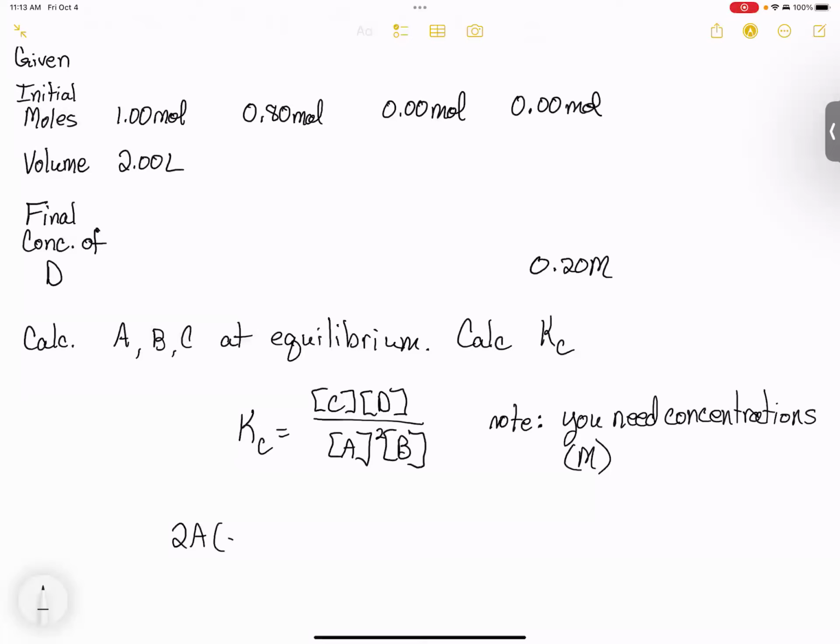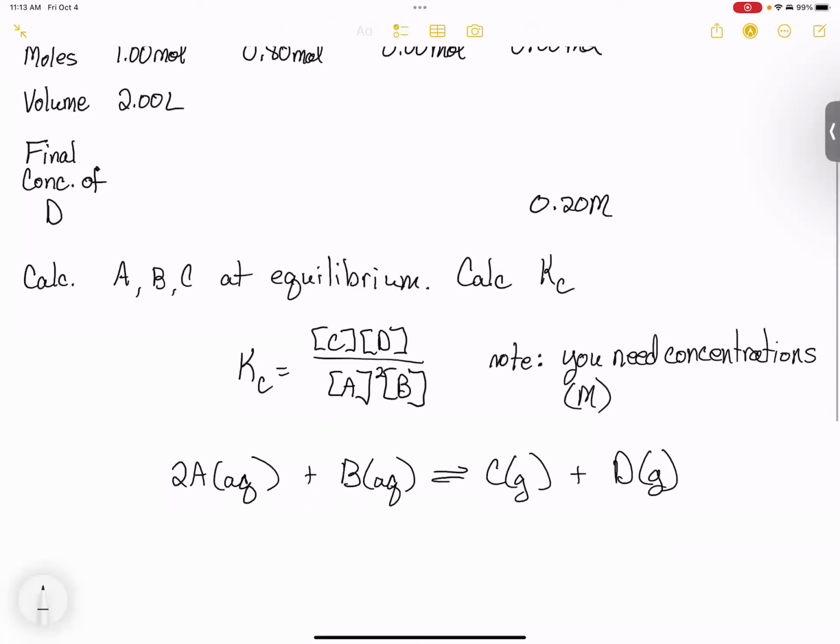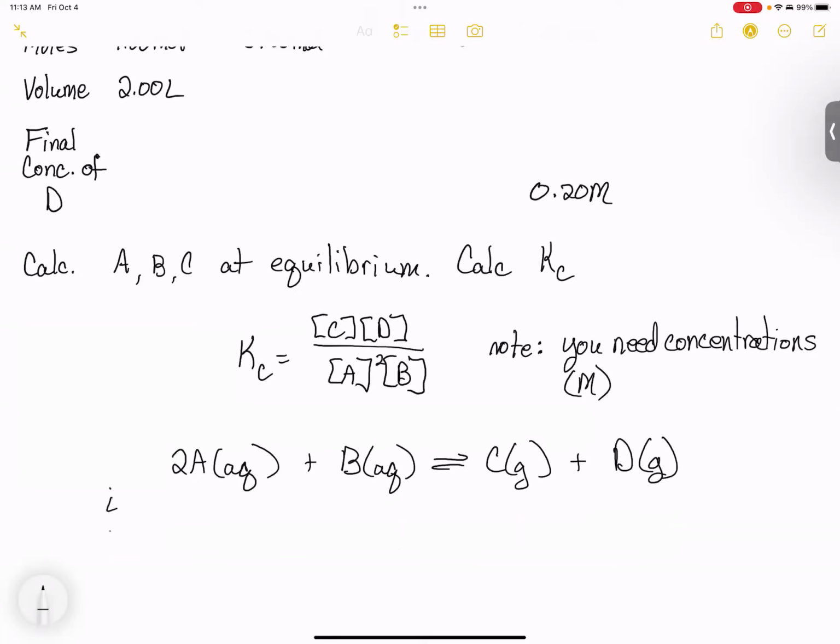So 2A aqueous plus B aqueous goes to form C gas plus D gas. And we're going to develop an ICE table or a RICE table, whichever way you want to say it. But I need concentrations, folks. I don't need just moles. And in the original problem, I was given just moles.